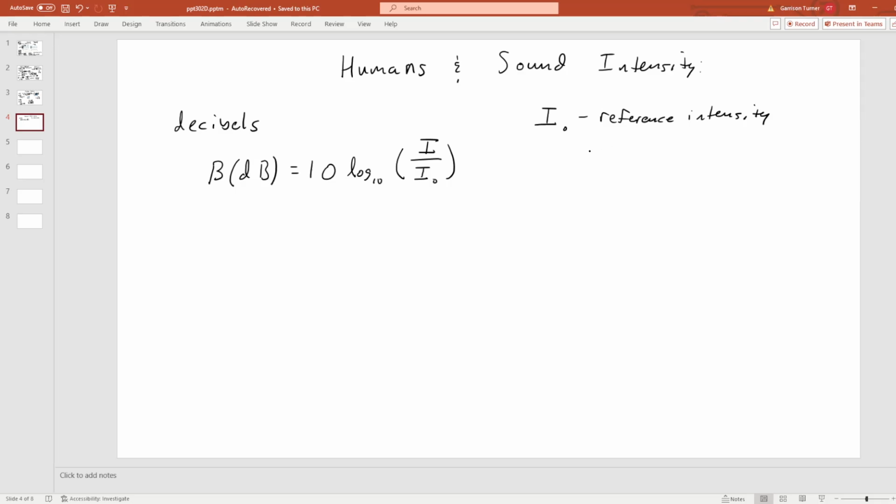So this reference intensity is, by definition, equal to, let me rewrite this.